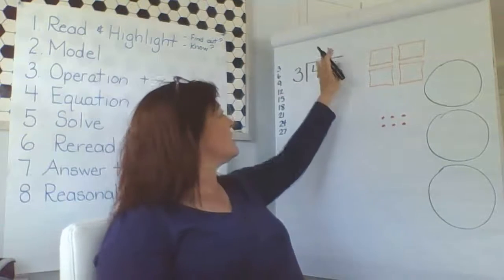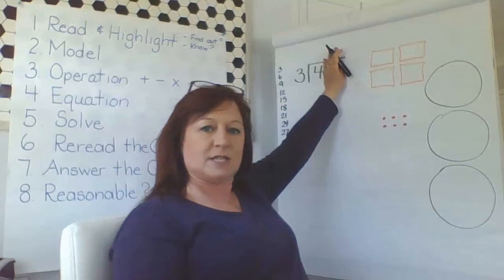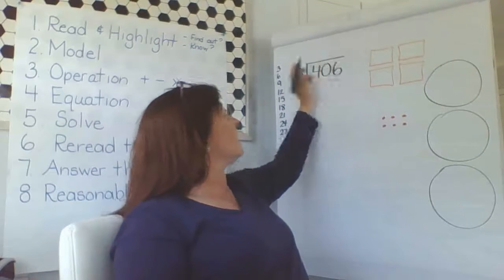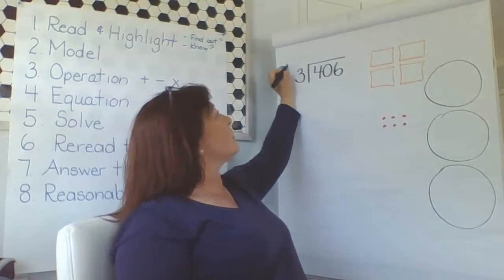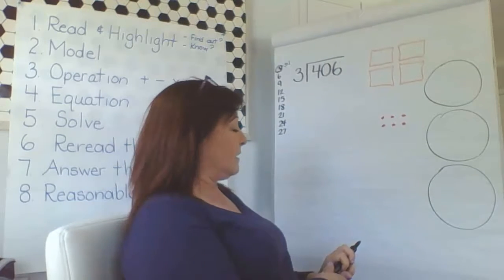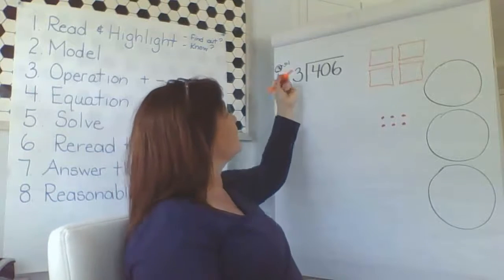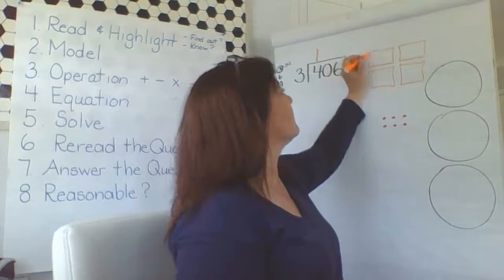Okay, so we're going to start again with our hundreds. 4 hundreds broken into 3 groups. Well, the closest we can get to 4 is 3, and the factors of 3 are 3 times 1. That means that we can put one of our hundreds into each of our groups.